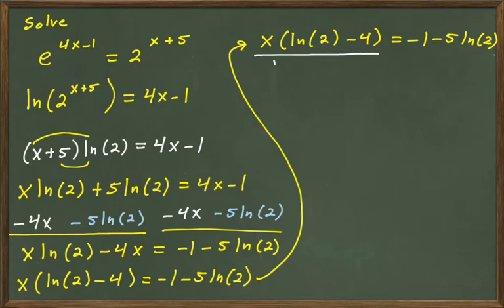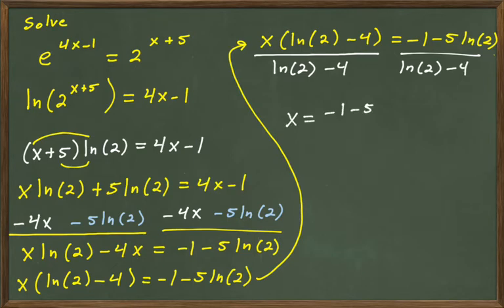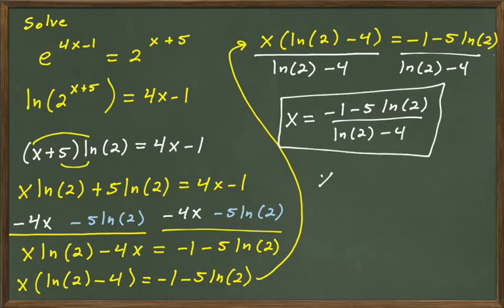And we'll go ahead and divide both sides by the natural log of 2 minus 4. So we'll have x is equal to negative 1 minus 5 natural log of 2, divided by the natural log of 2 minus 4. Okay, so there's our exact form.